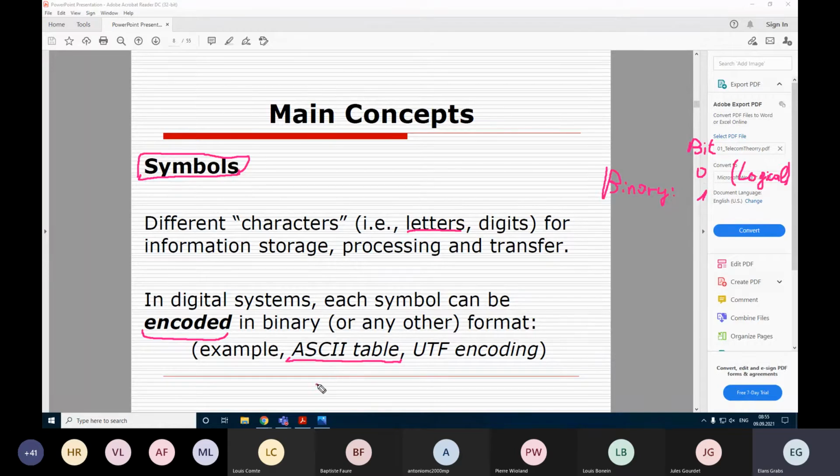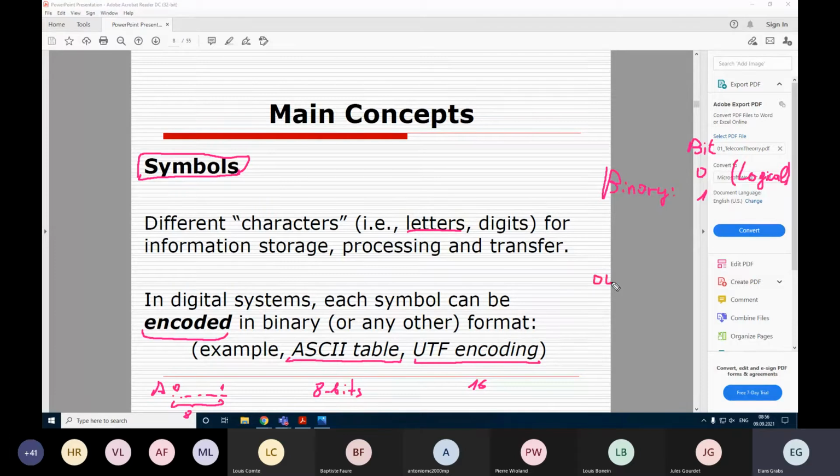So for the ASCII table, as you know, we have 8 bits per character. So basically letter A will have a combination of 8 binary symbols, yes, zeros and ones. And there are also other encoding tables such as UTF, which uses 16 or maybe even 32. Basically this allows storing a larger amount of different symbols, because the limiting factor is how many combinations you can make from 8 bits.